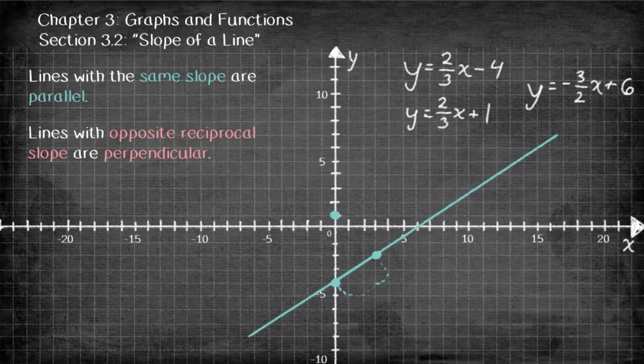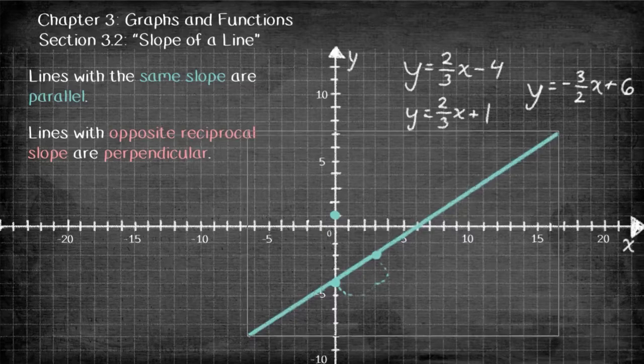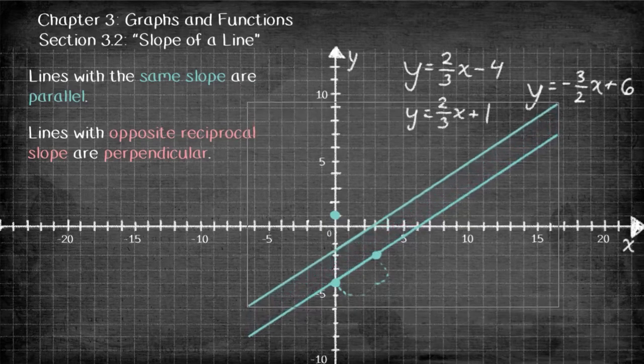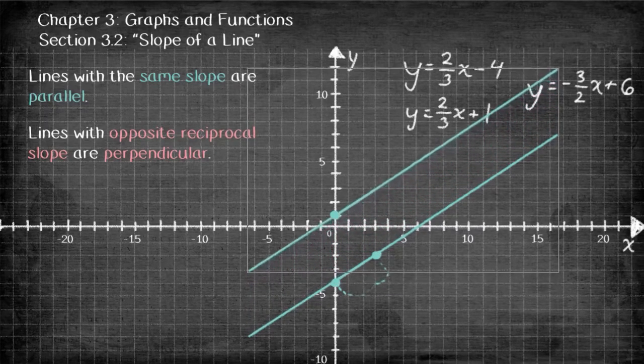As I said before, being parallel, they're going to be going up and to the right in the exact same ratio. So having the exact same slope, the only thing that's different about the two lines is their y-intercept. So all I have to do is move this line to the appropriate y-intercept. And there I have my second line.